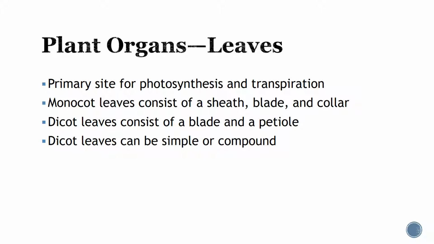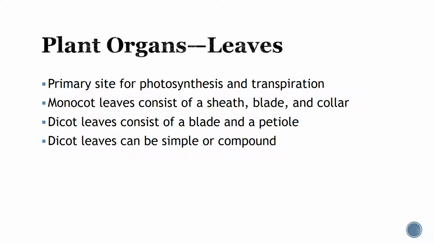So now let's look at leaves. Very important within the plant organs, because that's the main site of photosynthesis and transpiration. When you look at monocot leaves, they have a sheath, a collar, and a blade. When you look at dicot leaves, they have a blade and the petiole.